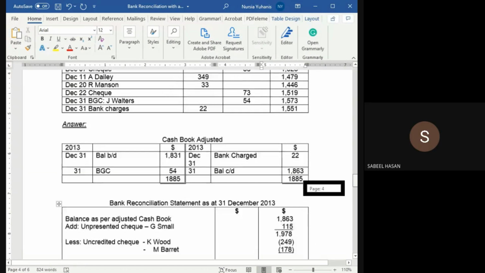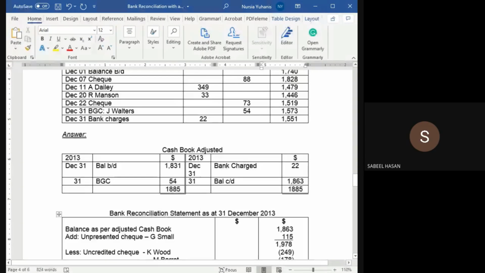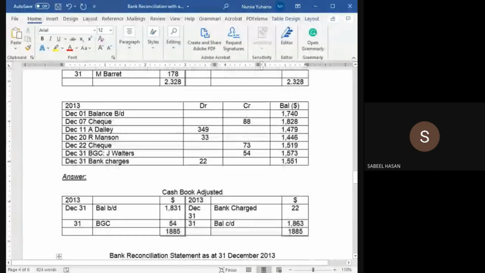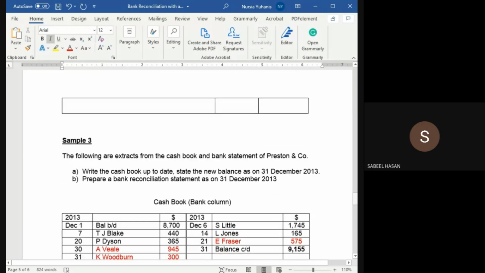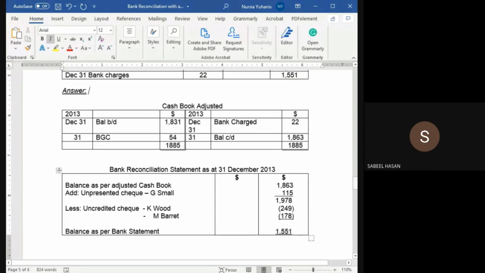Is it the same? Yes, it's correct. This is your bank statement, and the final figure is the balance 1551. Or if you want to start with the balance as per bank statement, that also works. But make sure the final figure is the balance as per adjusted cash book, 1863.